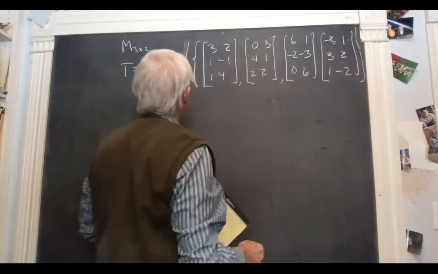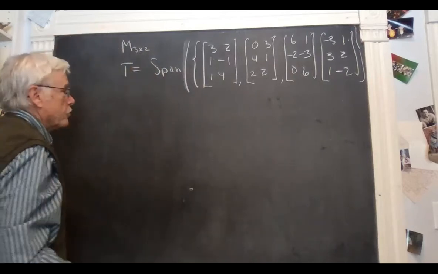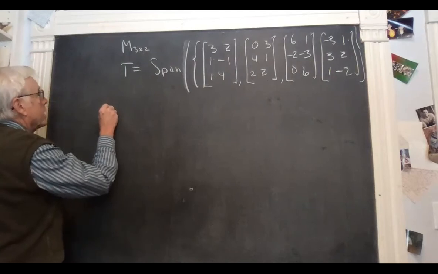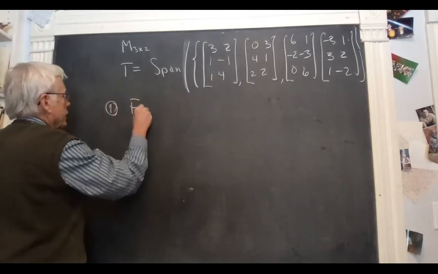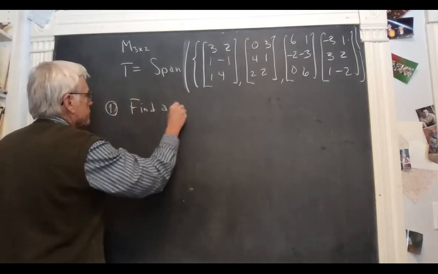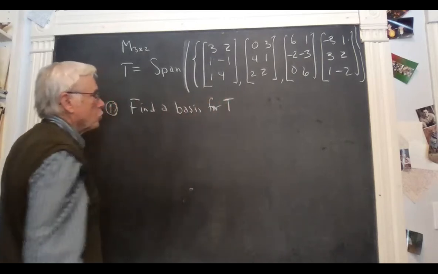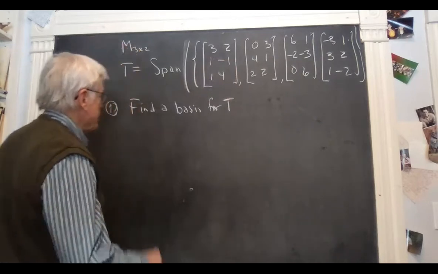And we want T to be the span of this, and I could ask the following kind of questions. The first one might be something like, find a basis for T. So you'll want to sweep out any of the dependencies.